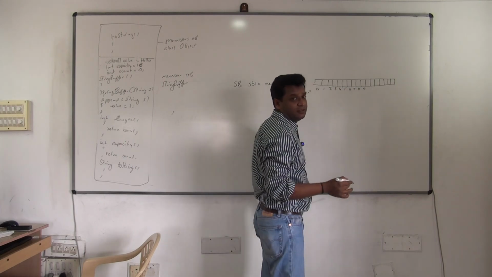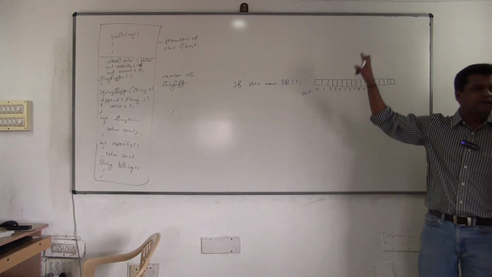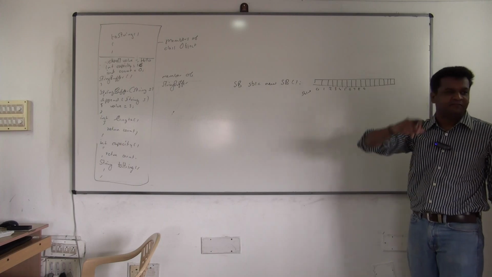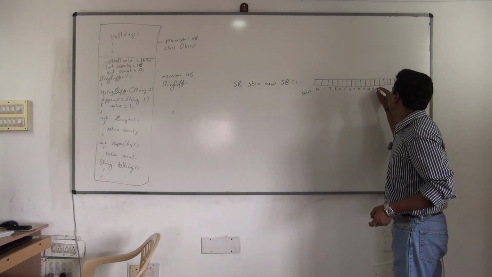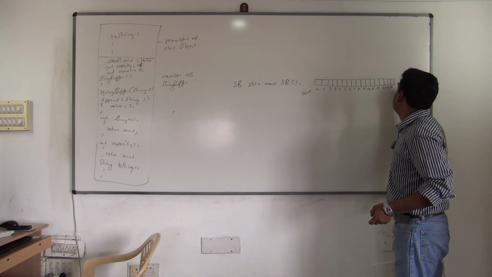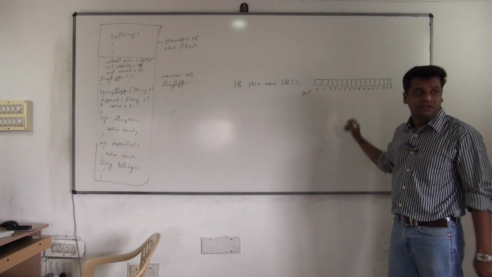Index starts from 0, but the characters are 16, so I should end at 15. Sorry, last time I wrote 16. I should end at 15, since the index starts from 0. Just understand now, 15, it starts from 0.